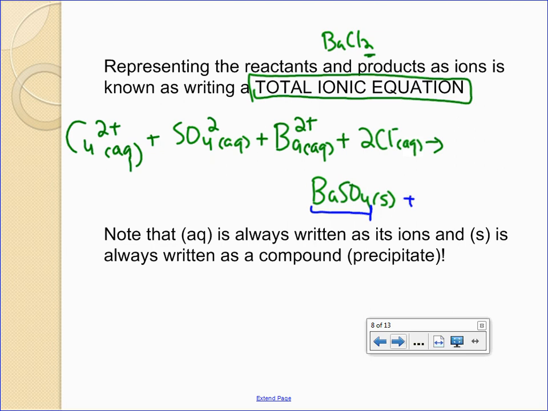And we have our copper ions, and we still have our chlorine ions. And just note that the aqueous subscript is always written as its ions, and solid is always written as a compound or a precipitate.